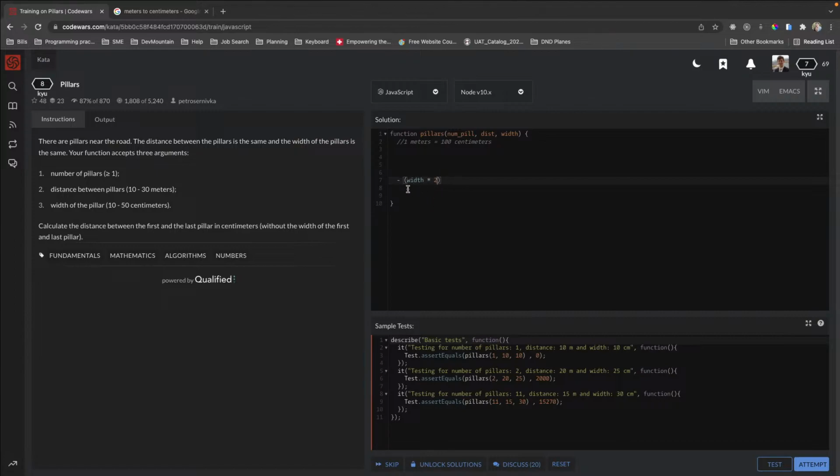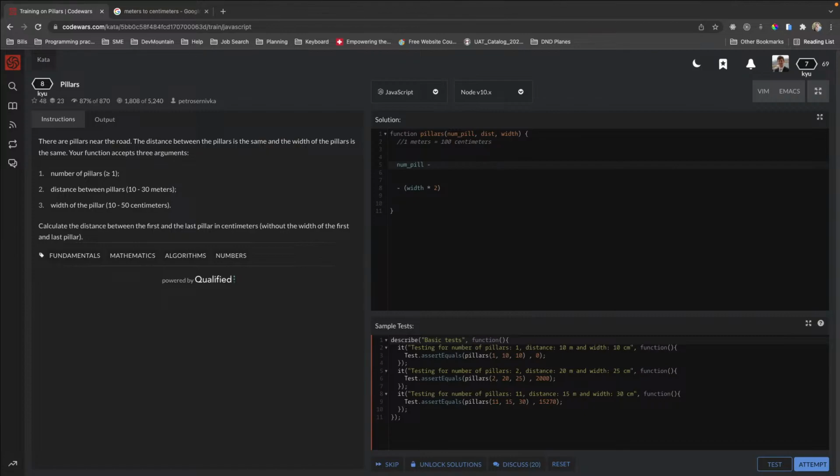Whatever that is times 2, we're going to subtract from the total here, right? And then we need to have the number of pillars. We're going to subtract.